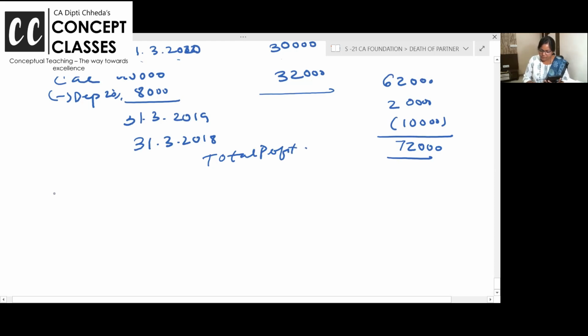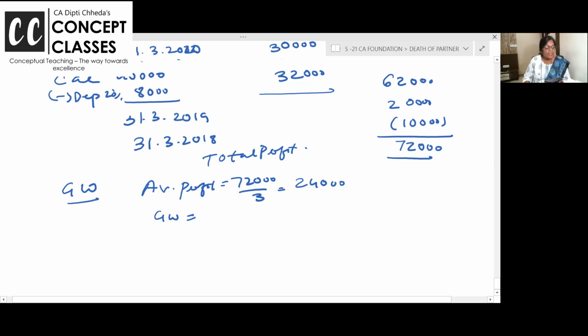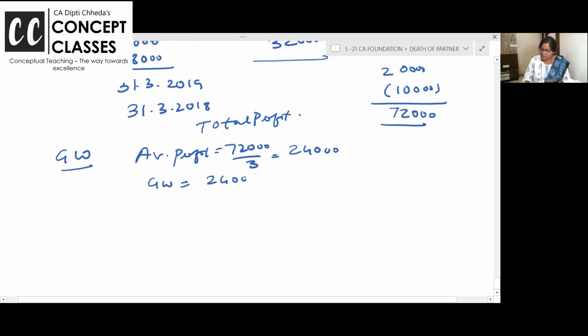All right. Now let us do in the same working note goodwill. Goodwill is calculated at 2 years profit of average of 3 years. So let us calculate average profit of 3 years. 24,000. Goodwill is 24,000 into 2, 48,000.